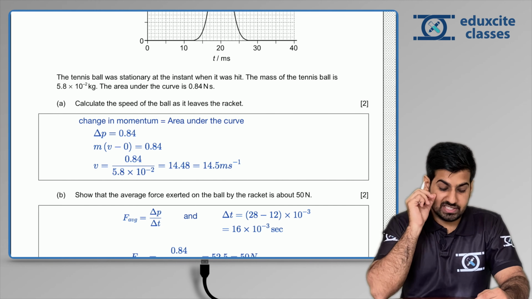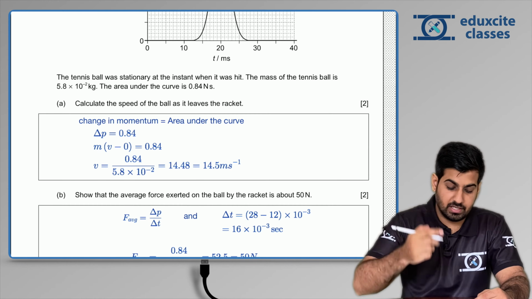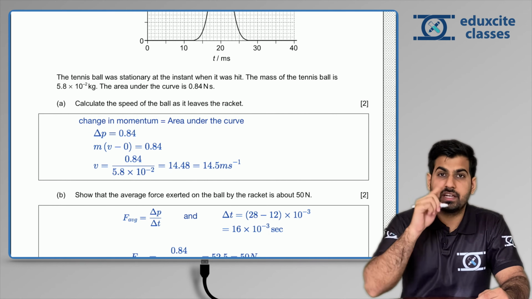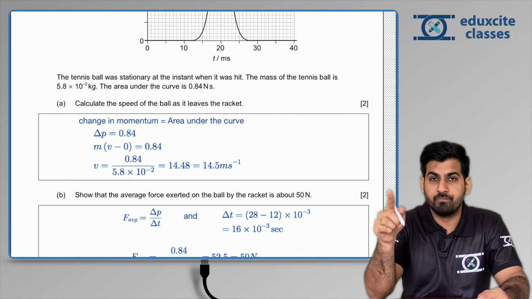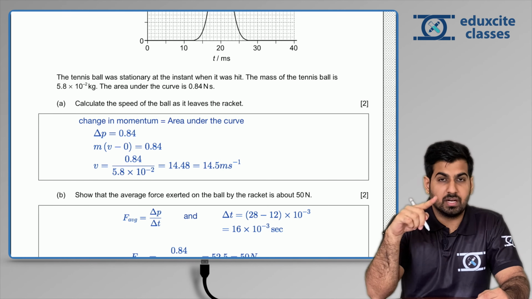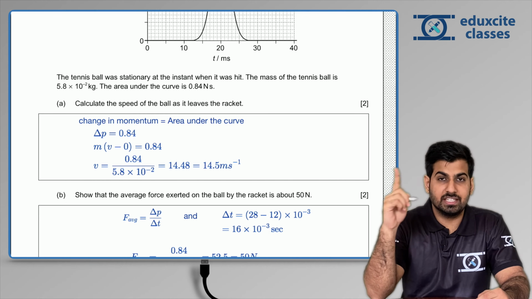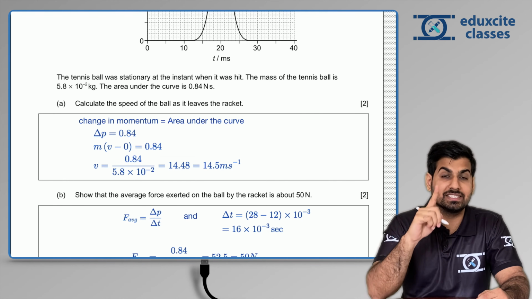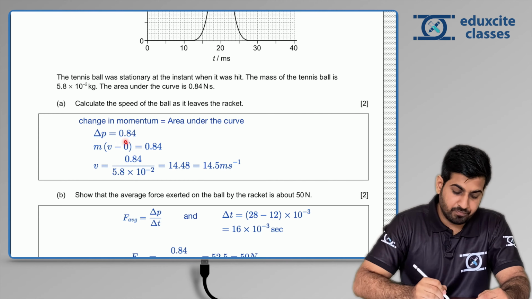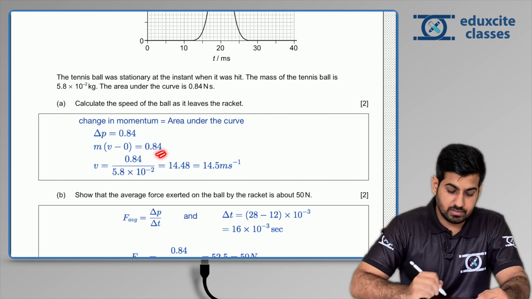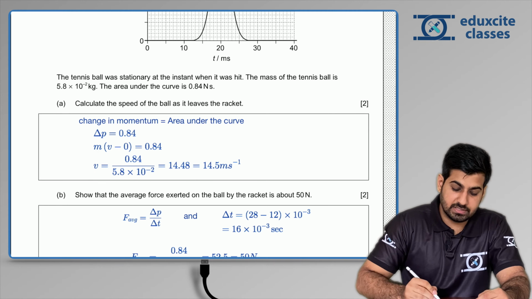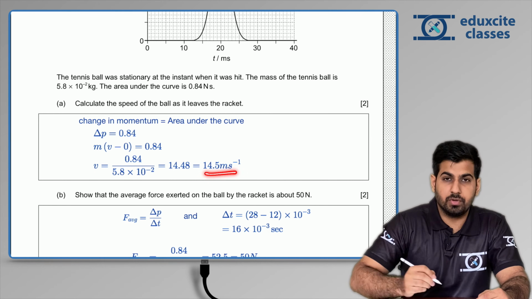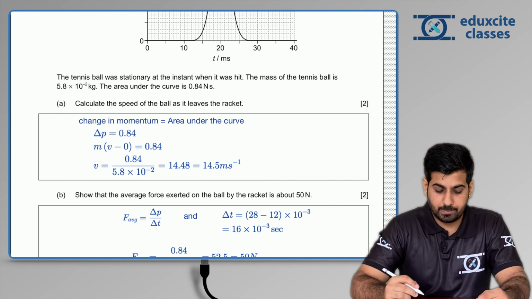The area under the curve is 0.84, and change in momentum is final momentum minus initial momentum. Final momentum is mass times final velocity, initial momentum is mass times initial velocity. As the ball is initially at rest, we take it as 0. Solving for v, we get 14.48, rounding off to 3 significant figures, 14.5 meters per second.